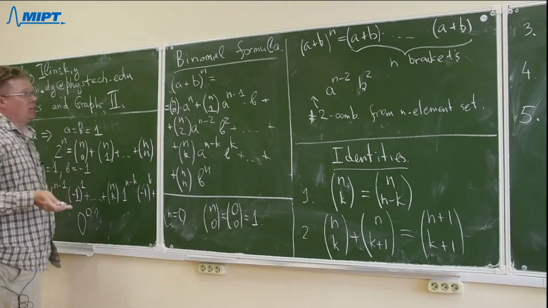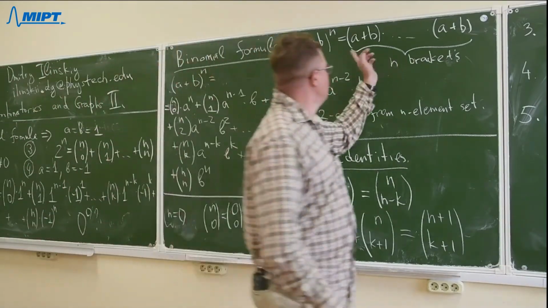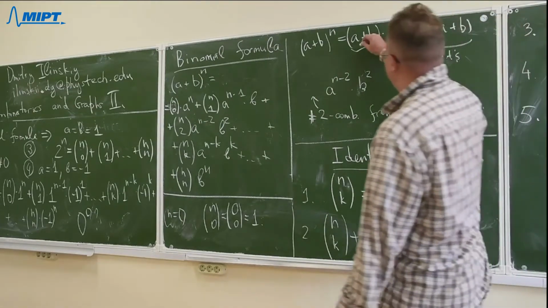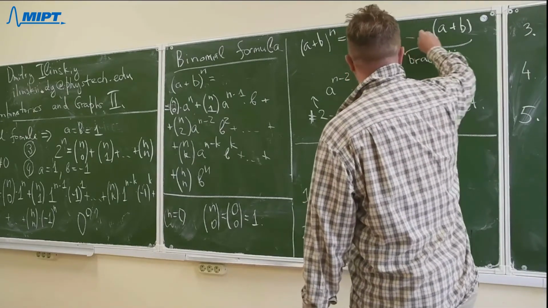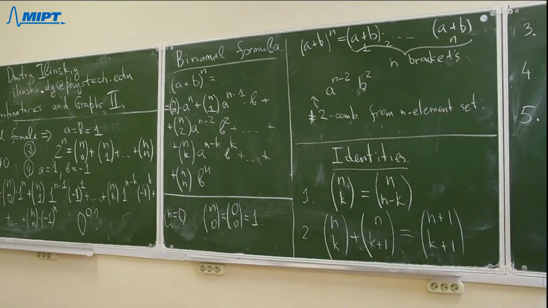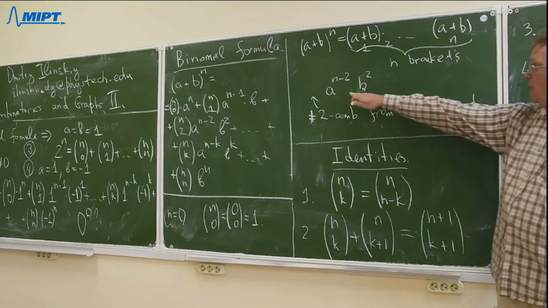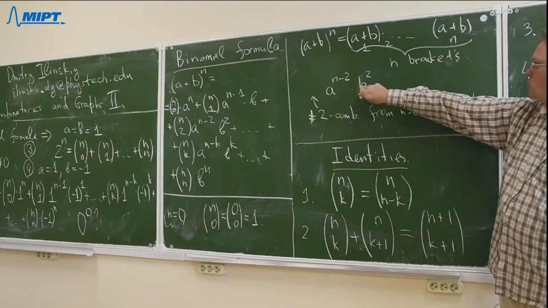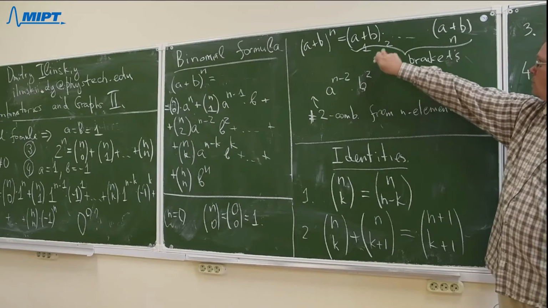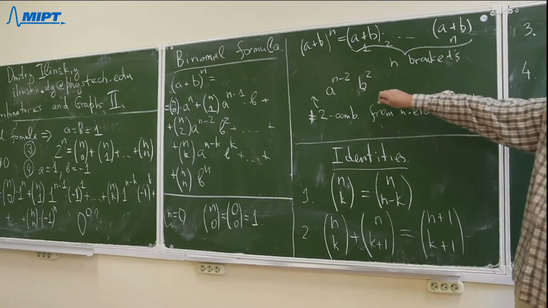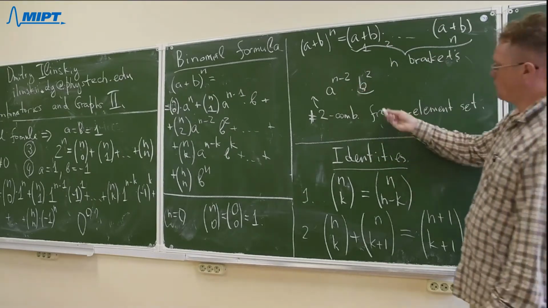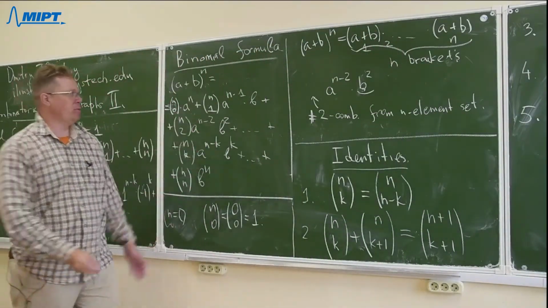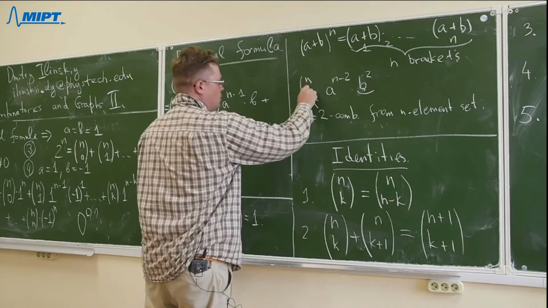And these brackets are ordered, so we can just number them. This is the first bracket, this is the second bracket, and this is the last, nth bracket. If we choose n minus 2 a's and 2 b's, then we just choose the brackets from which we take b. So this is just a two-combination from an n-element set, and here we will have n choose 2.